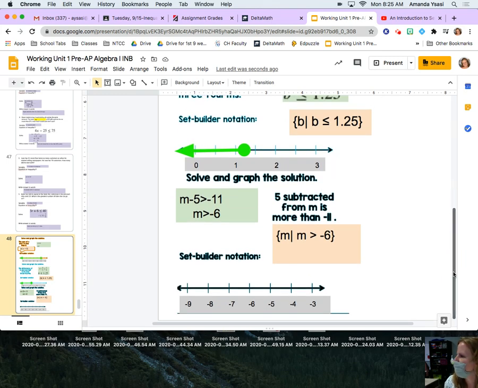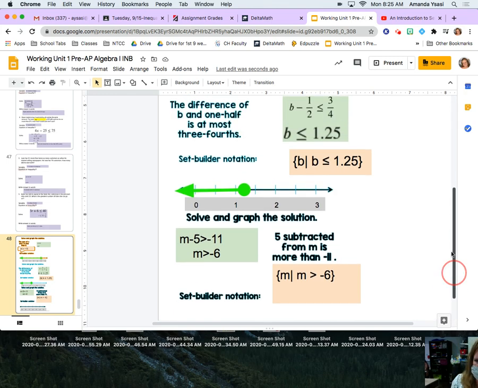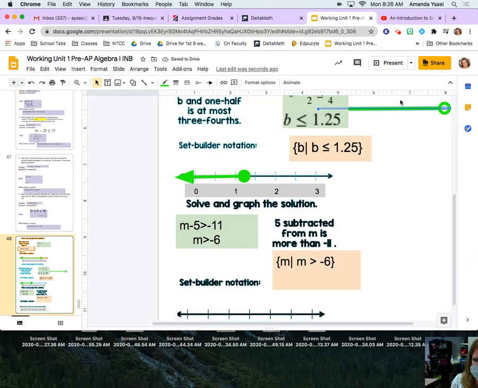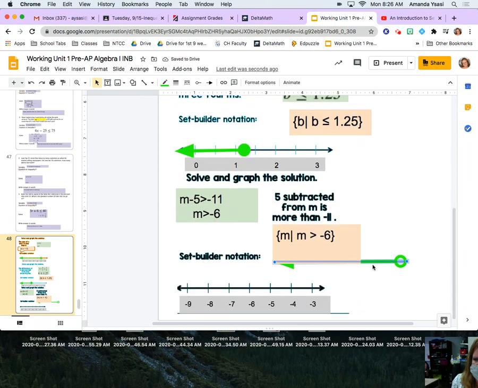And then, are we doing an open or closed circle? Open, so I'm going to grab one of these open ones up there. Pull it down. Oh, we wanted to go the other way too, because it's going to be greater than -6.